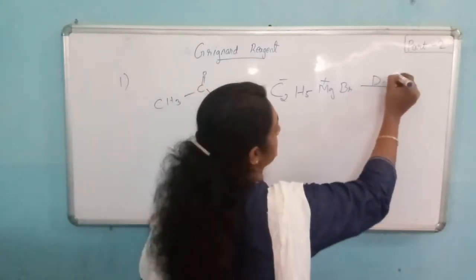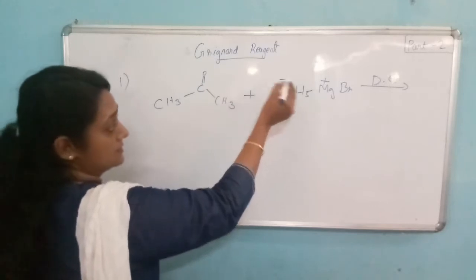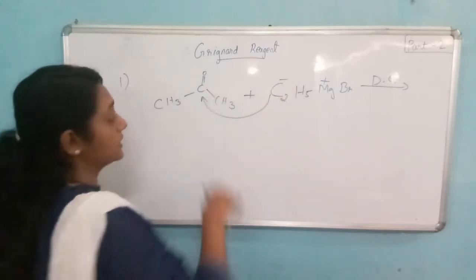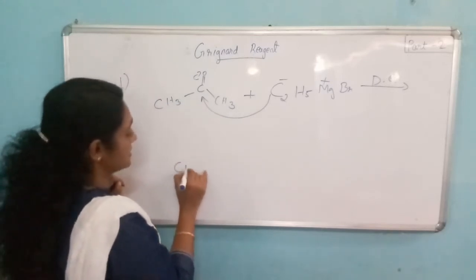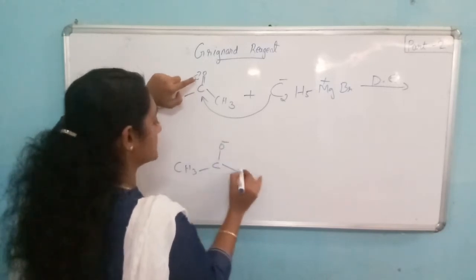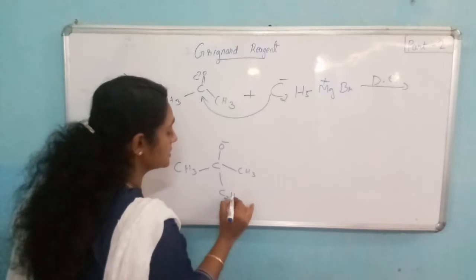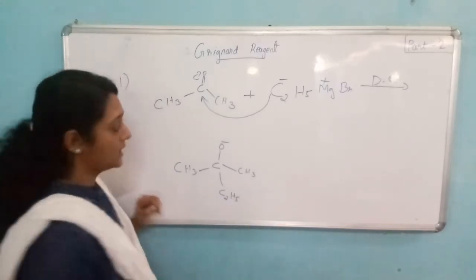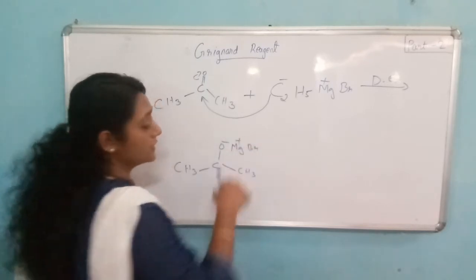The reaction takes place in presence of dry ether, and the C2H5 attacks the carbonyl carbon, the bond shifts to oxygen, and we get CH3 CO minus CH3, and the Grignard group C2H5, and the minus attracts MgBr. Mg is having a positive sign.